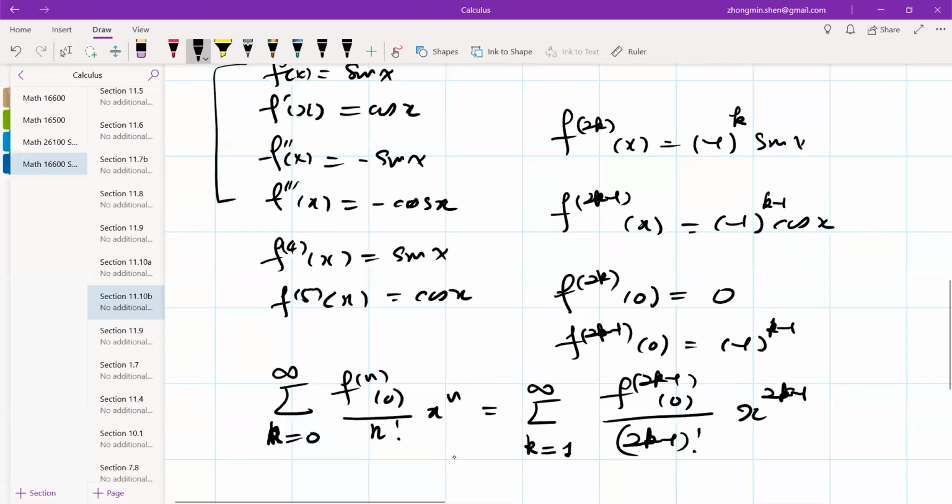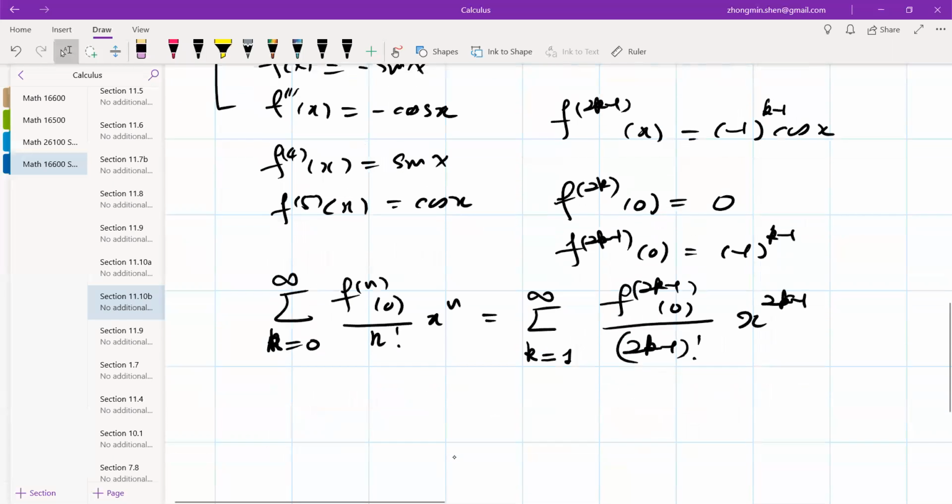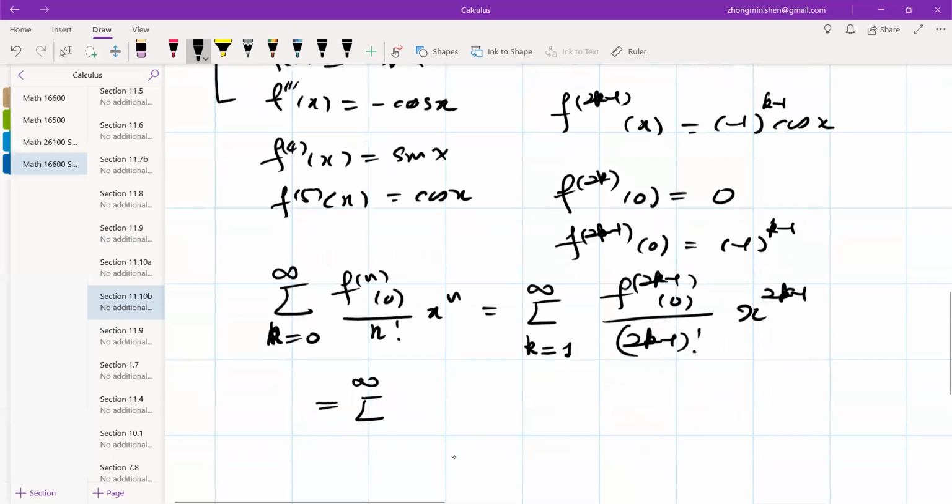All right, so now let's rewrite it again. This is going to be negative 1 to the k minus 1, over 2k minus 1 factorial, x to the 2k minus 1. So the question is whether this is going to be cosine x.